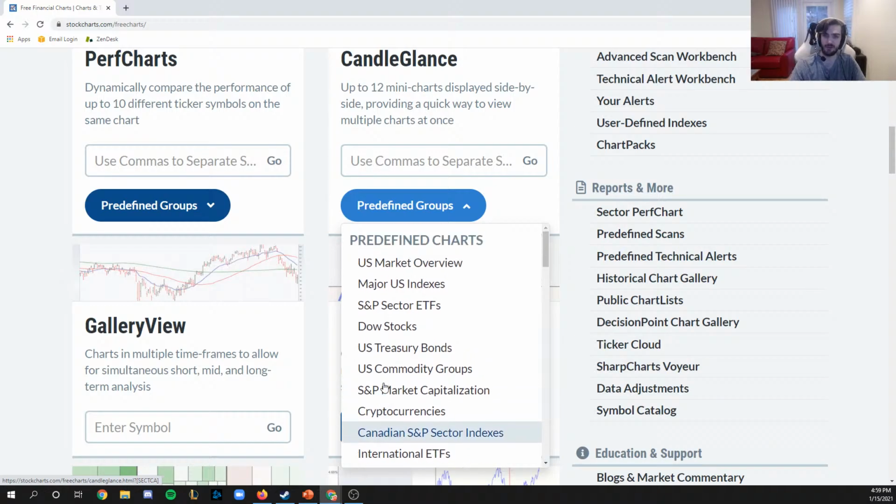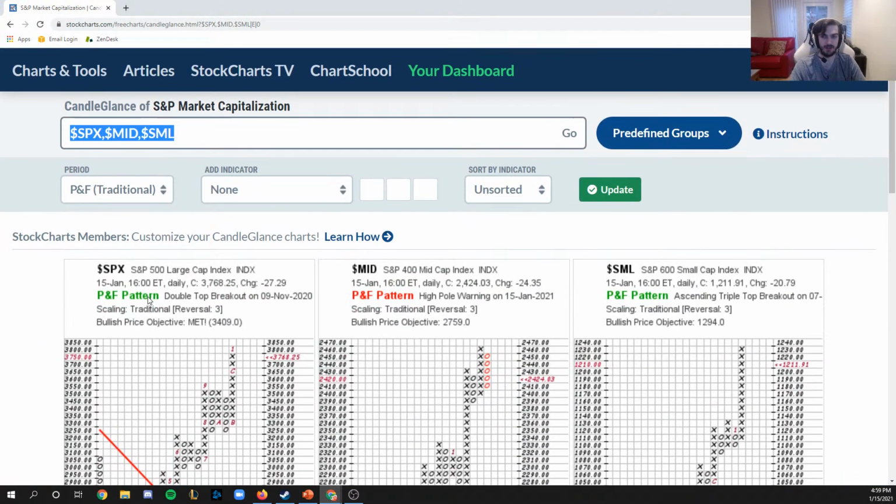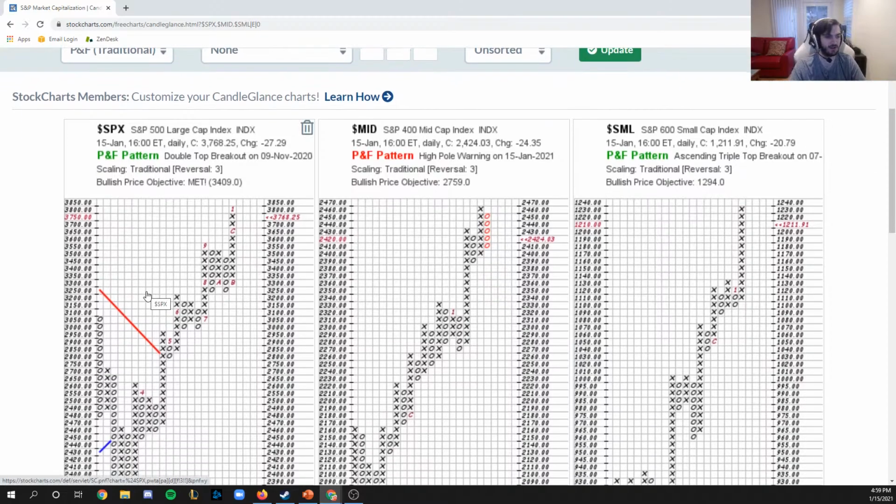Now, the last one that I wanted to share is S&P market capitalization. There's only 3 things, but it is a great way of seeing the exact same 3 things that we've talked about earlier.